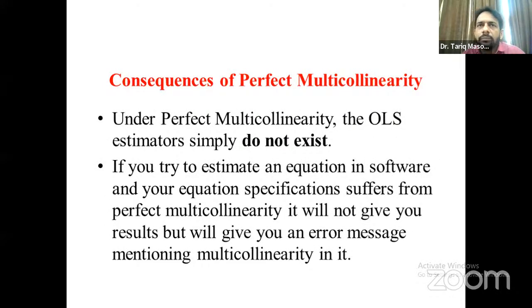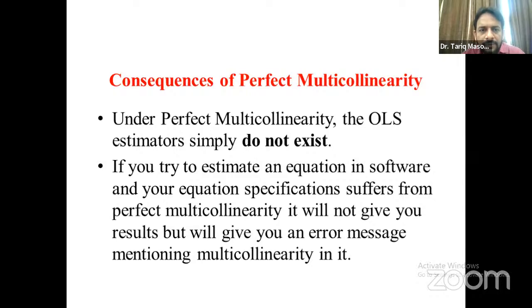When there is an exact relationship between, suppose, x1 and x2, that is a case of perfect multicollinearity. Okay, so under perfect multicollinearity, you cannot estimate all the coefficients.